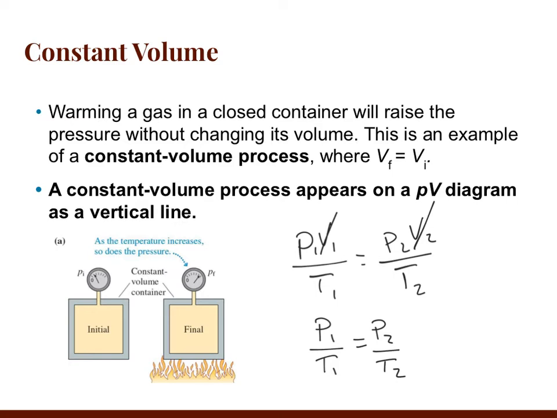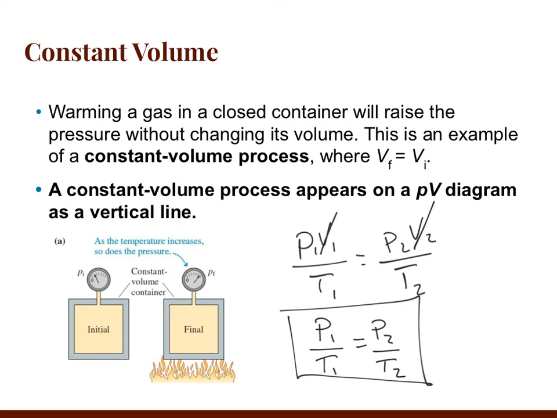It's not Boyle's, but it's one of the chemistry gas laws that you should have learned in your chemistry class. So you can relate the final and the initial pressures and temperatures using that equation.